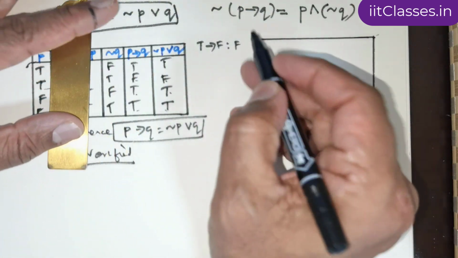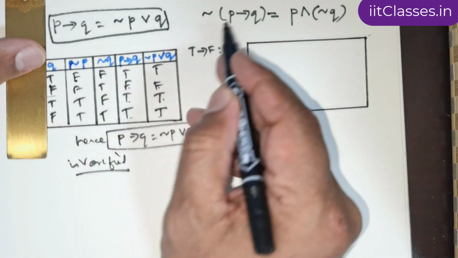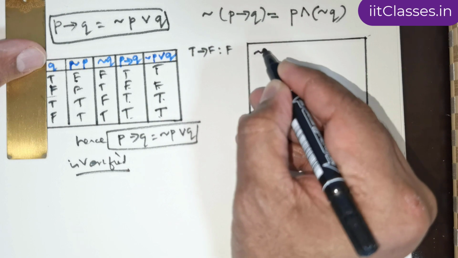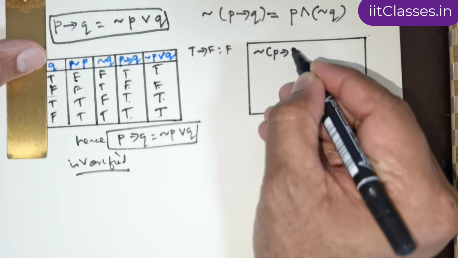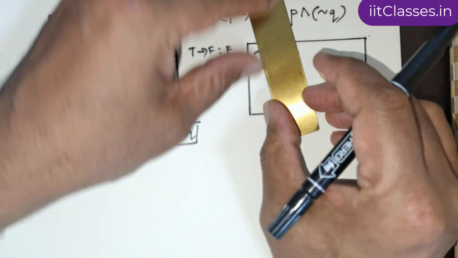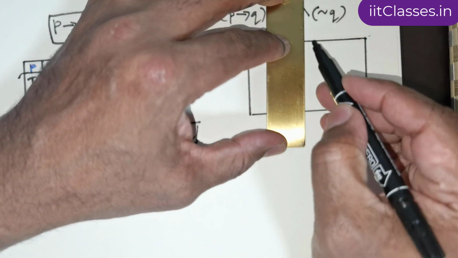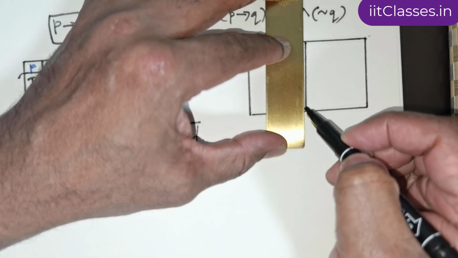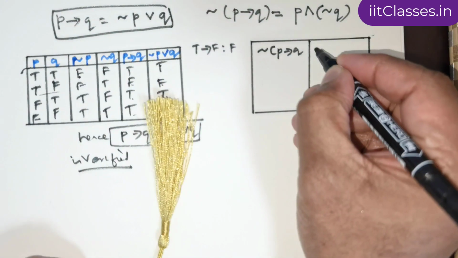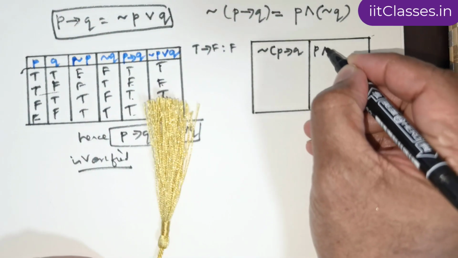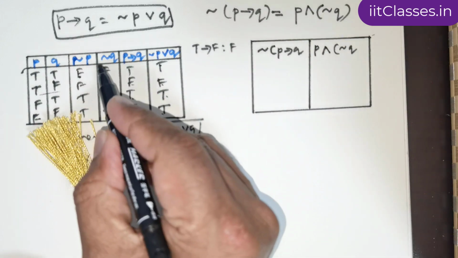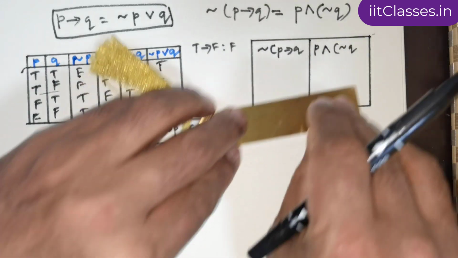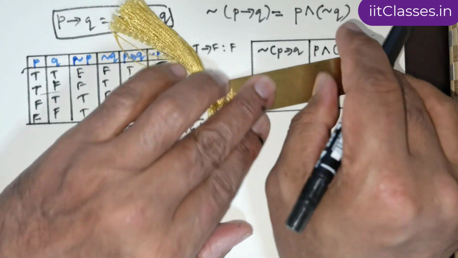So I need to obtain negation of P conditional Q. Let me place the negation of P conditional Q, and then I have to compare it with P conjunction of negation of Q. Initially I wondered why I placed this negation of Q. Now it comes in handy, right?